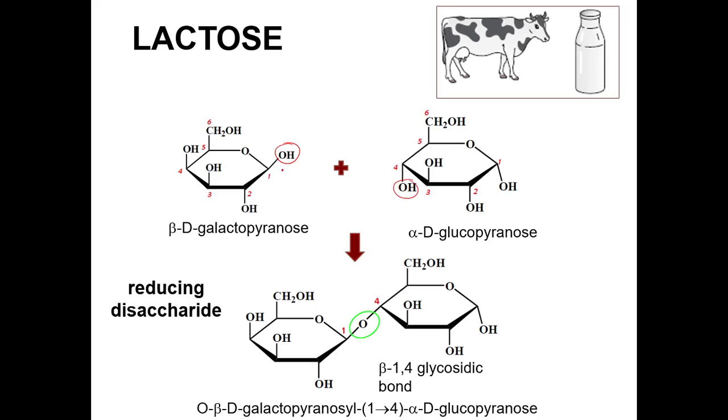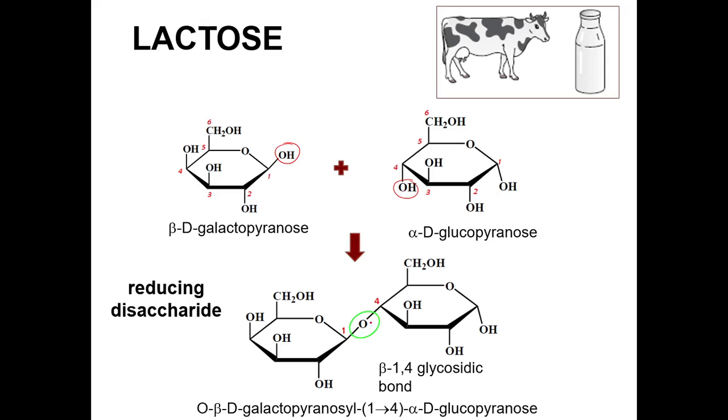So, ano ang mangyayari dyan? So, what will happen here is actually may maaalis tayong water. So, laging ganun yung nangyayari sa mga organic reactions natin na meron tayong nare-release na water. So, this OH and the H here will be released.